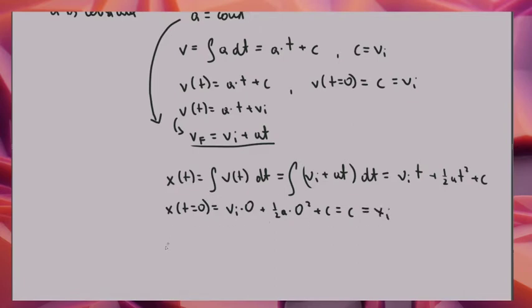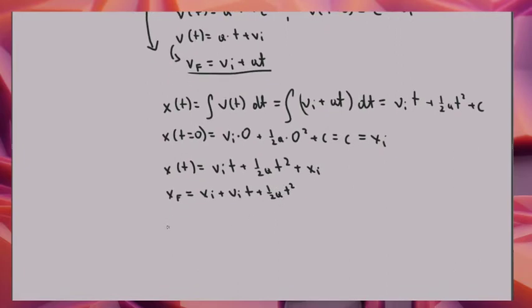And so now what we have is that the function of the position is vi t plus half a t squared plus xi. Or what we could do is x as a function of time. This is just a position at a specific time of interest. Then we could call that xf. And so then what we would have is xi plus vi t plus half a t squared.